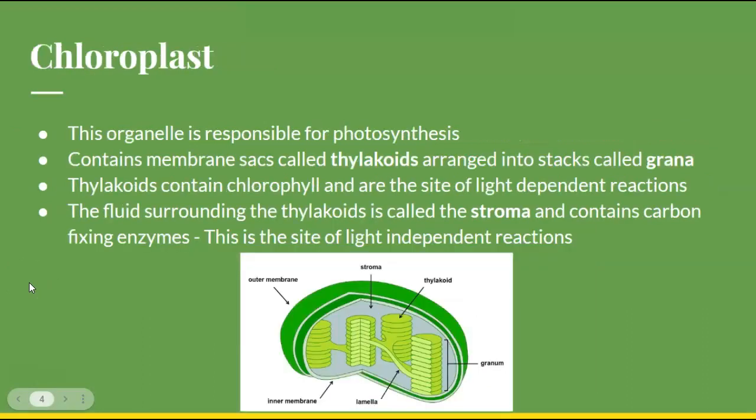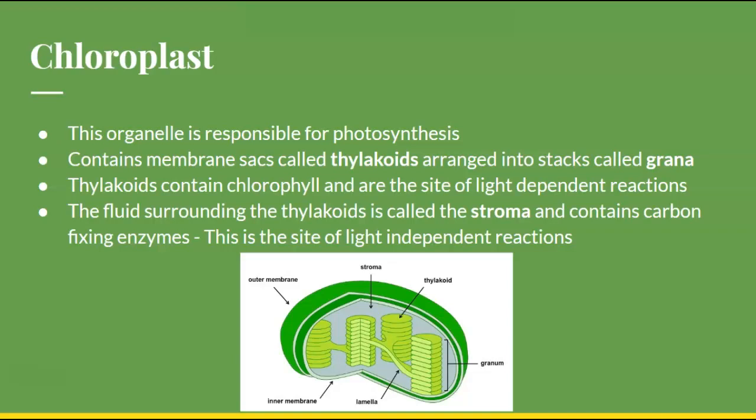Now, I mentioned the chloroplast earlier, but this is where the magic happens, okay? This is the organelle in plants that is responsible for photosynthesis. So photosynthesis happens within the chloroplast, just like cellular respiration happens within the mitochondria.